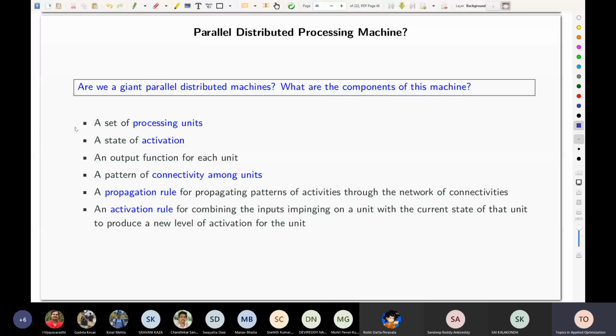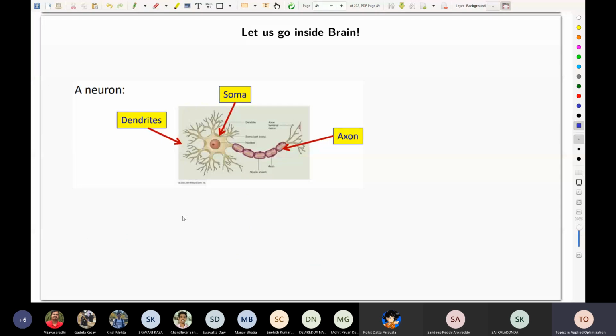So this is another model that was proposed, where the idea is to use several processing units and so-called activations, and then there is a so-called propagation rule and so on. Okay, so that's one. I'm going to skip a little bit.